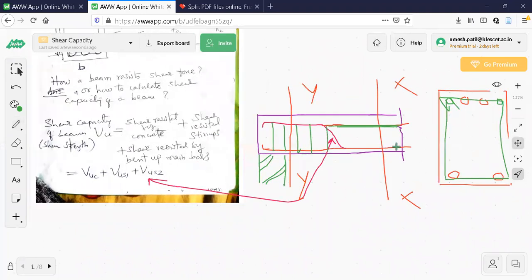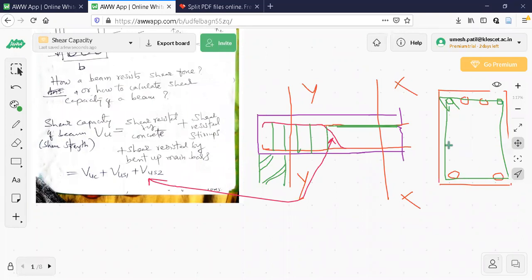If I just run them as it is, horizontal, without bending them, if I run them continuously in the same line, I'm not going to get any additional shear strength. Two bars if I bend out of four, because I can bend these two bars here since the bending moment is less.